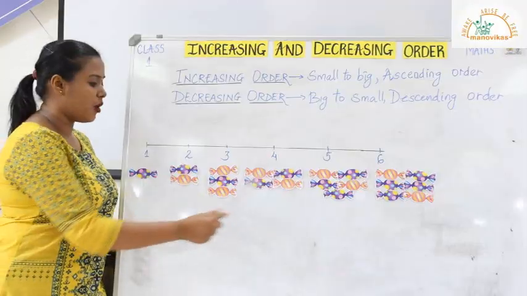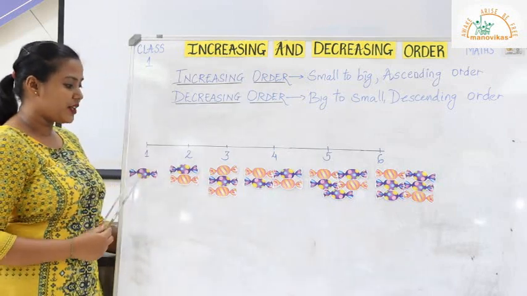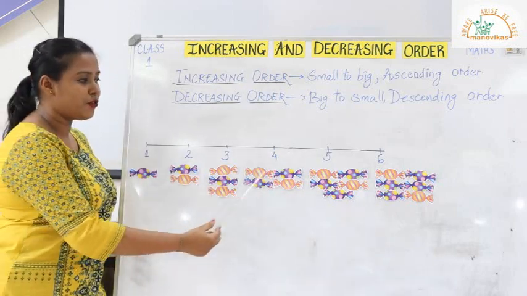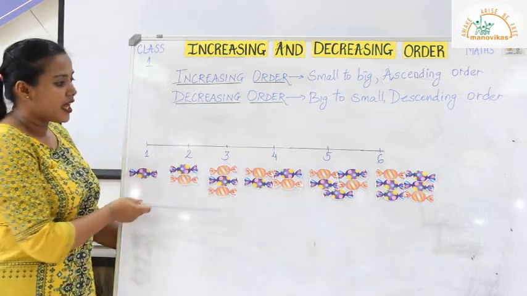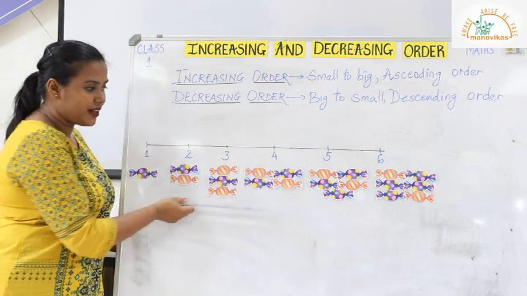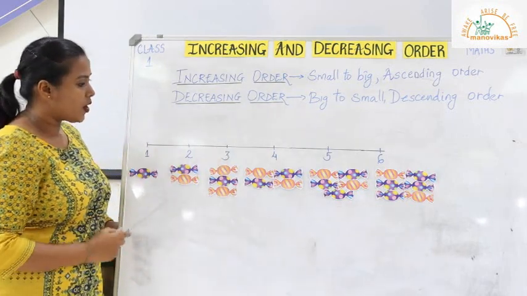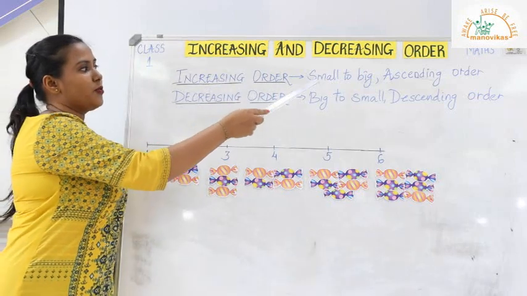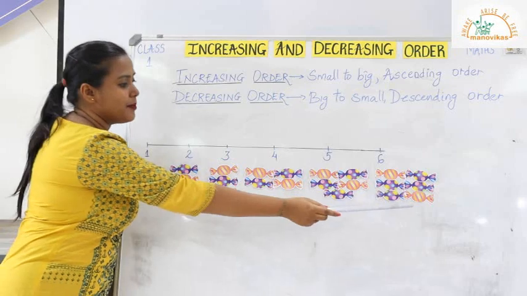Students, as you count forward, you will get a bigger number each time. From 1 you will get 2, then 3, 4, 5, and so on. So here, as you have noticed, students, we have an example of the increasing order or ascending order, because in increasing order we move from a small number to a big number.